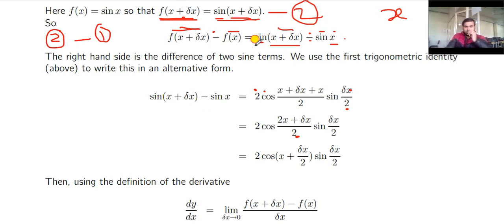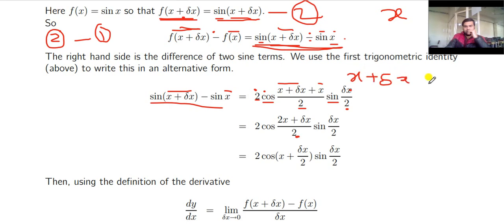So we write here 2 cos of (x plus del x, plus this x) divided by 2, into sin of (c minus d), where c is x plus del x, minus d, and d is x.